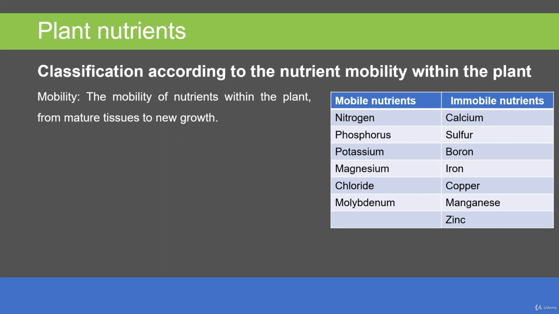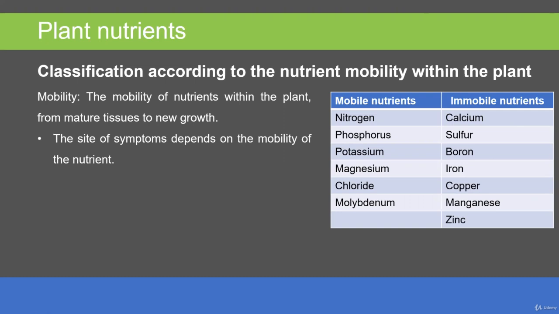And immobile nutrients are calcium, sulfur, boron, iron, copper, manganese, and zinc, which means that nitrogen can move from mature tissue towards the new growth, same as phosphorus, potassium, magnesium, and others, while calcium, sulfur, boron on this side of the table cannot.